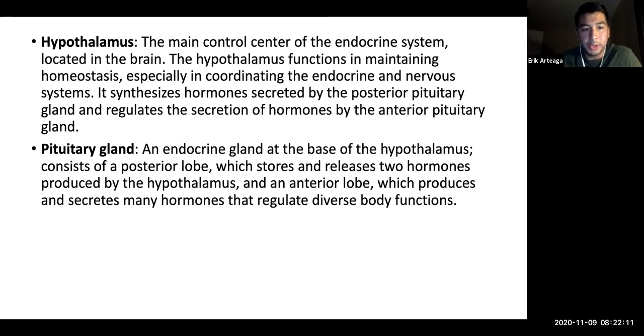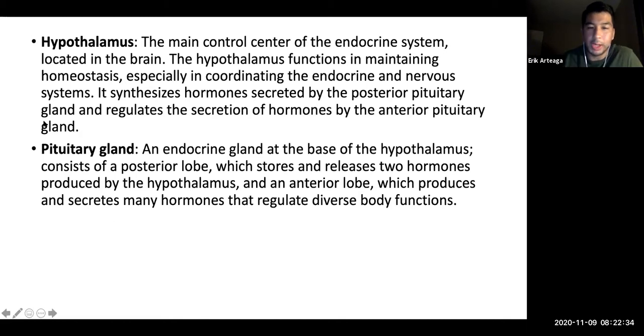Okay, so think of the hypothalamus as that cross between the brain or the central nervous system and your endocrine system. So this is where those two meet, and the hypothalamus will be using the pituitary gland as a mechanism of releasing those hormones produced in the hypothalamus. Okay.